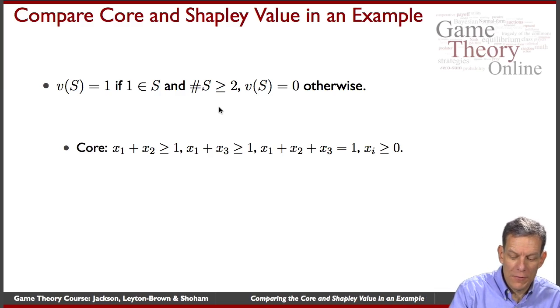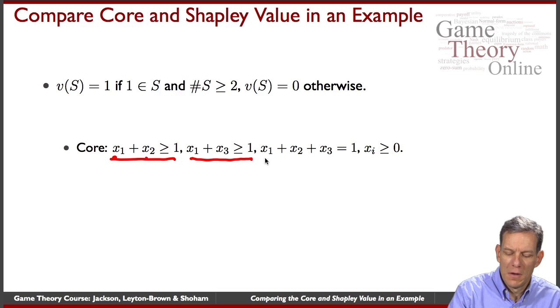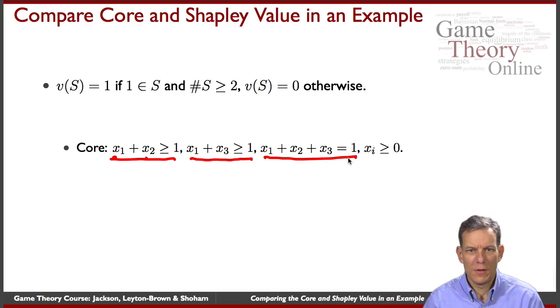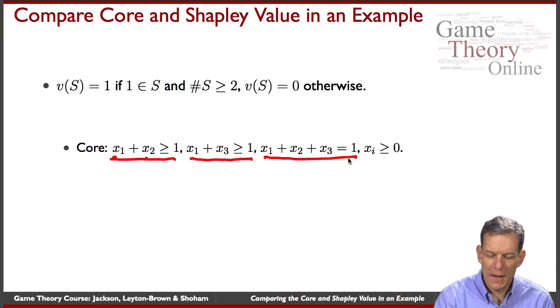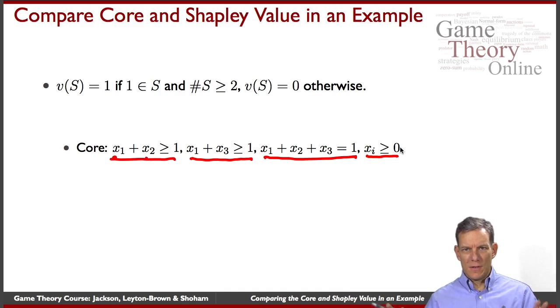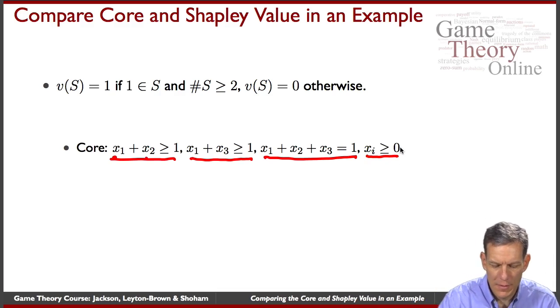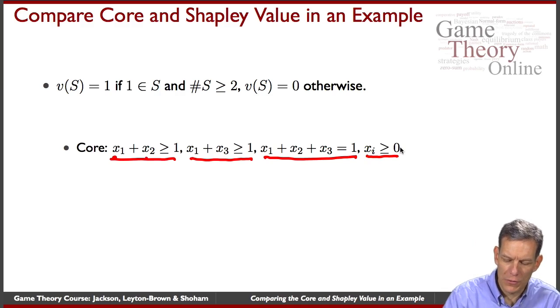So that means that if you put 1 and 2 together, they can generate a value of 1, so they have to be getting at least 1. 1 and 3 together have to be getting at least 1. 1, 2, and 3 together have to be getting 1, right? So we're dividing up the total value among the 3 members. And everybody has to get at least 0, since you could generate 0, but you can't be forced in this case to participate.